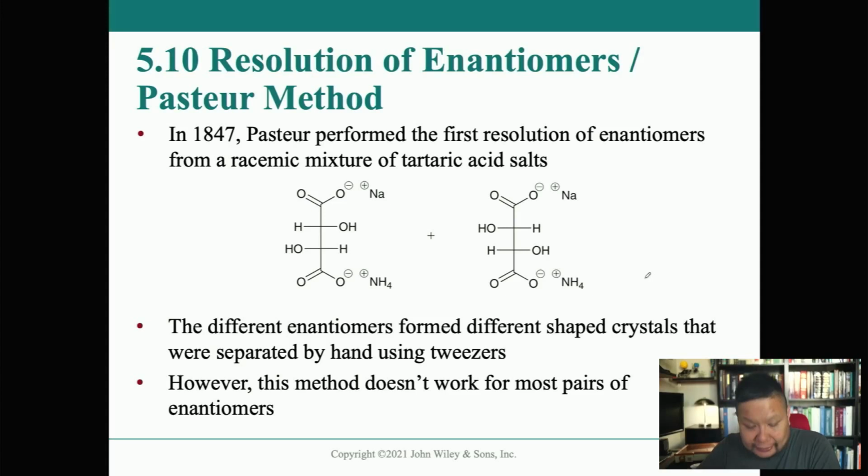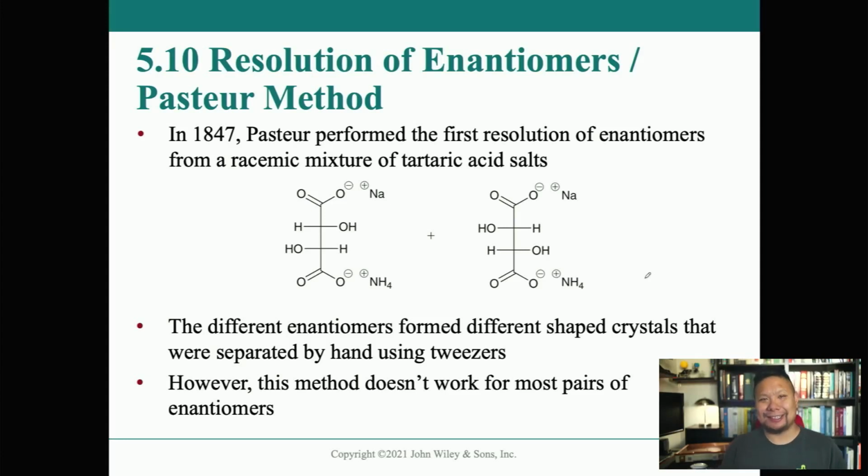But anyway, he performed the very first resolution, or separation, of enantiomers of a racemic mixture of tartaric acid salts, okay? And so, interestingly enough, the different enantiomers of these tartaric salts actually had different shaped crystals. And so what he did was he went through and painstakingly, after recrystallization, used tweezers and separated each of the enantiomers manually.